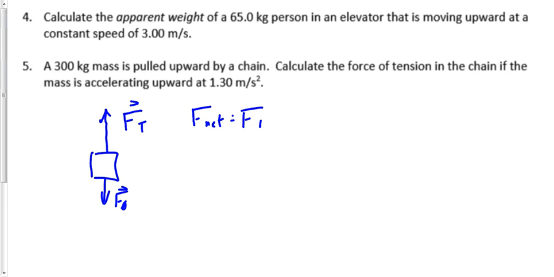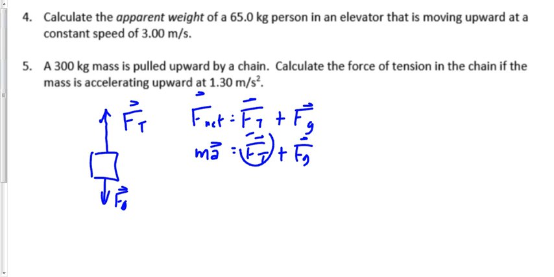So the gravity force downward is smaller. F net is equal to the sum of the forces, Ft plus Fg, or if you call it Fn, we would say Fn plus Fg. It doesn't matter what you call it. m times a is equal to Ft plus Fg. We're solving for Ft. Mass is 300. The acceleration is 1.3.